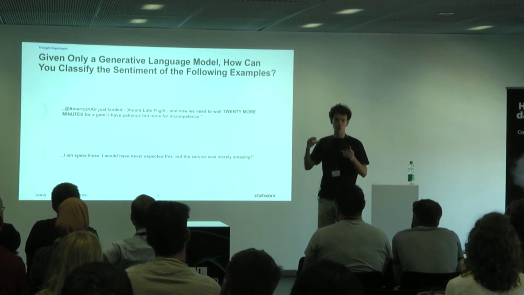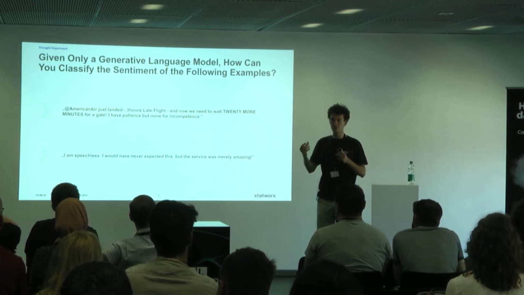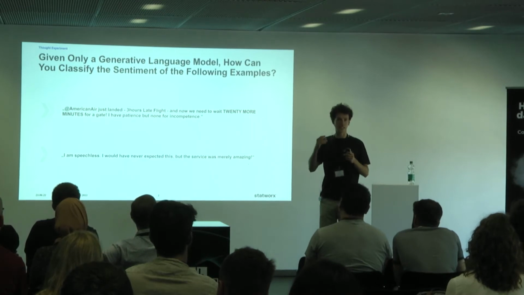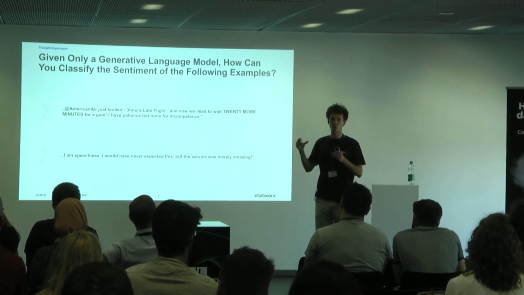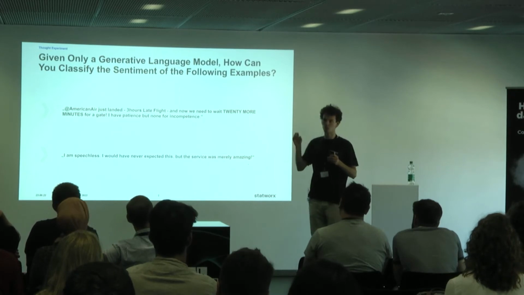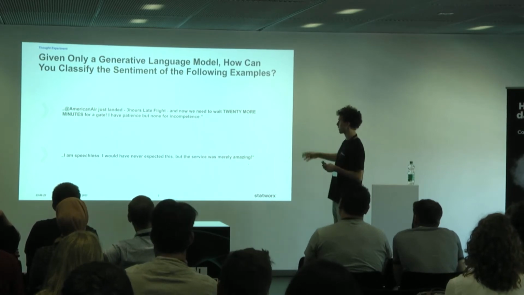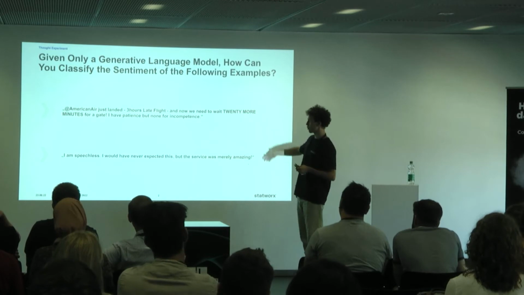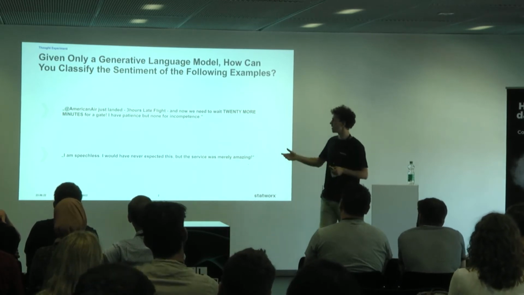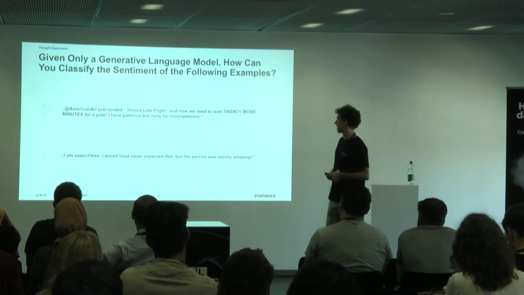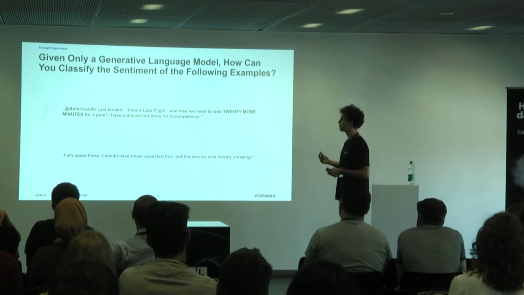But with prompt engineering, we can add information in the input that the model receives. And given this input, the model is then able to perform the specific tasks that we want it to do. So here we have two examples. We have two inputs. American Air just landed 3 hours late, and now we need to wait 20 more minutes for a gate.